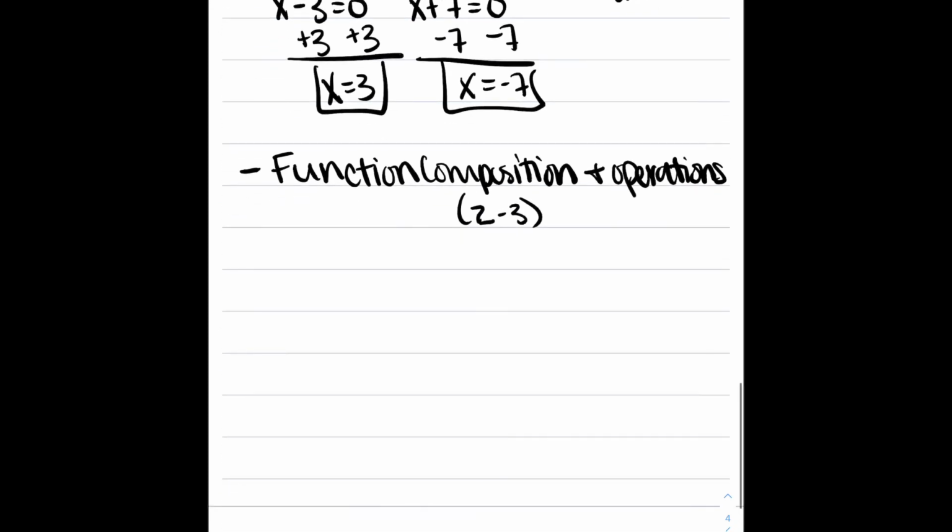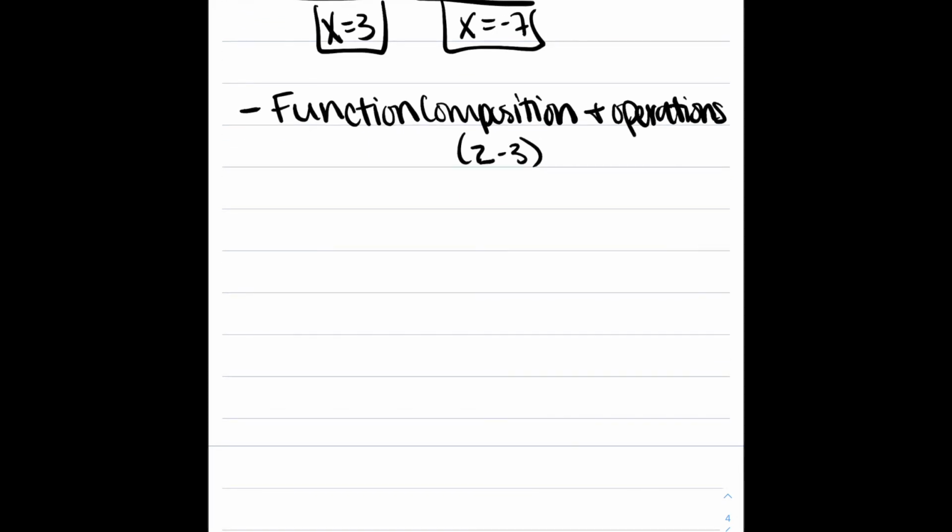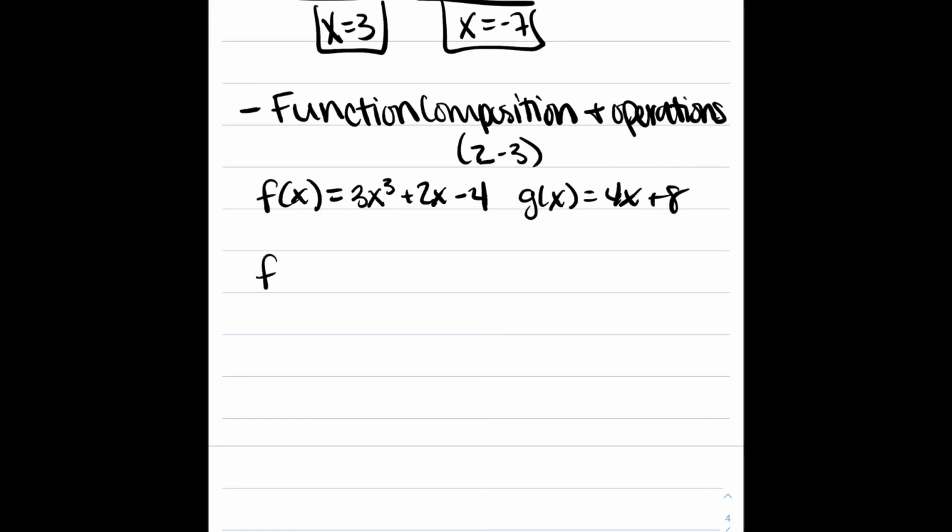I can't remember if there's 2 here on the previous section, but 2 to 3 questions. So these are going to be problems like you're going to be given some functions. And you're going to have to perform operations and also compose them.